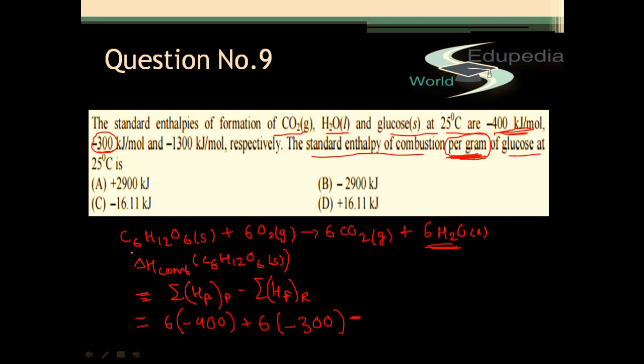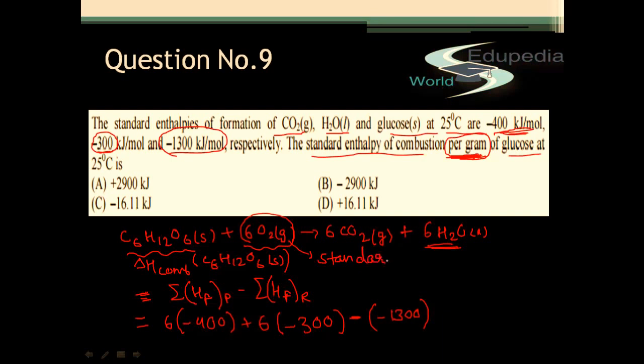If we go back to the reactants, we find we have 1 mole of glucose, and the enthalpy of formation of glucose in the question has been given as minus 1300 kilojoule. So we'll put that value back over here. It will be minus times minus of 1300. And what about O2? O2 is missing over here and no data in the question for O2 has been given. So you must remember that O2 gas is an element in its standard state.